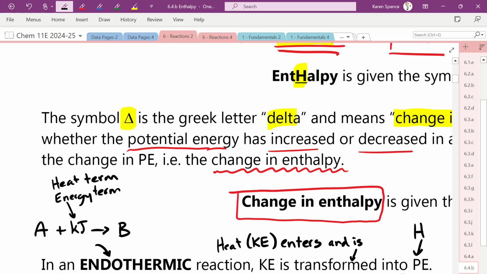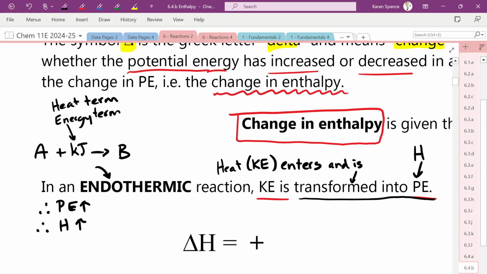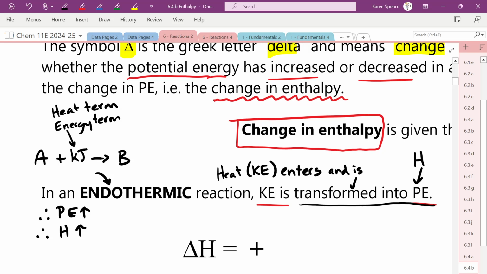So the potential energy is increasing because we're taking kinetic energy, transforming it into potential energy. Therefore, the potential energy increases. Therefore, the enthalpy increases. And so delta H, the change in H, is going to have a positive sign. Okay, that means H is increasing.